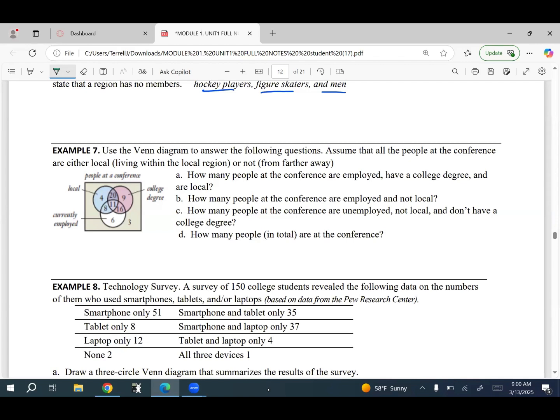When we look at this Venn diagram, the 3 sets are local, college degree, represented by the pink circle, and employed, represented by the white circle. They are employed, have a college degree, and are local. Well, that means they are overlapping all 3 sets, which would be this innermost piece, 11.